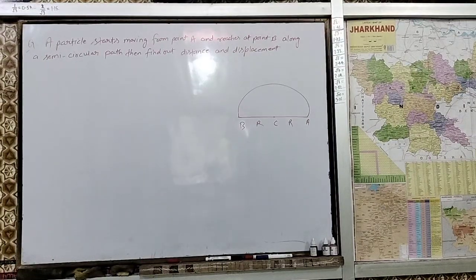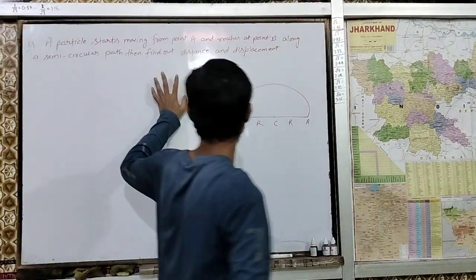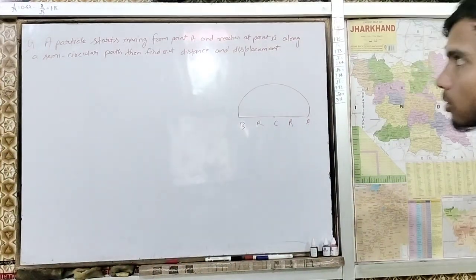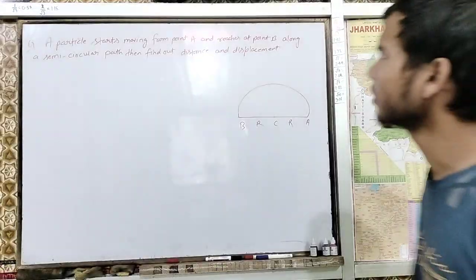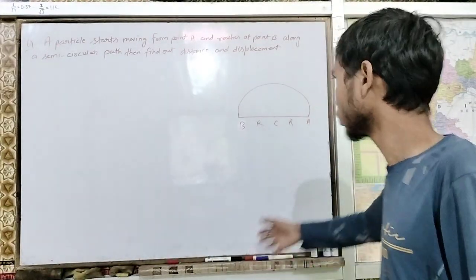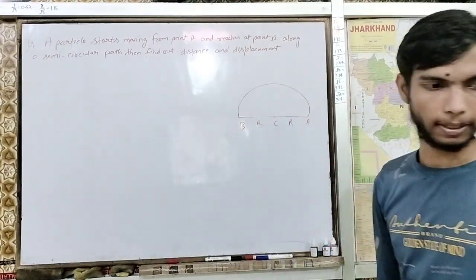Now look over here. Let's first read this question so that we can understand it very well. There is a particle; you can consider this point as a particle.